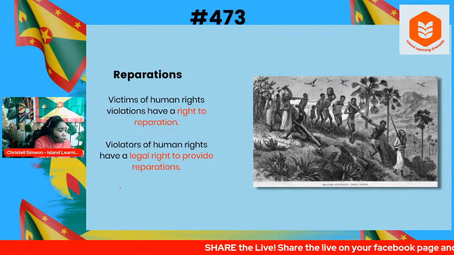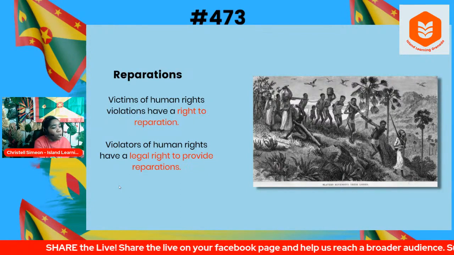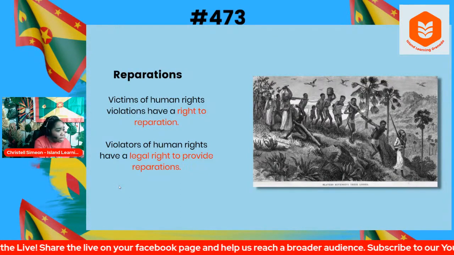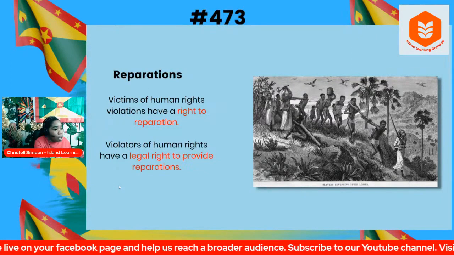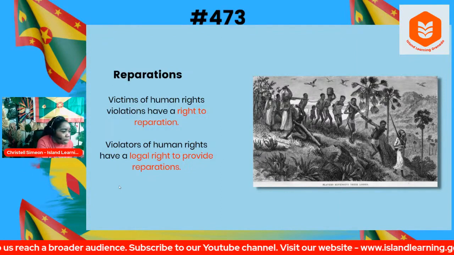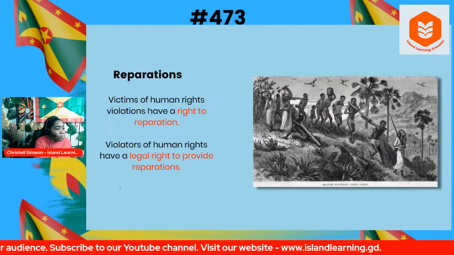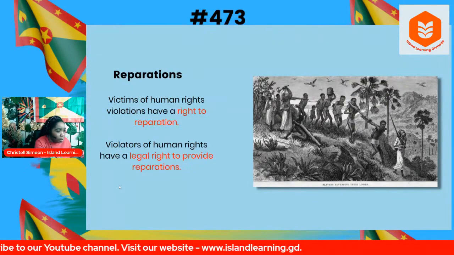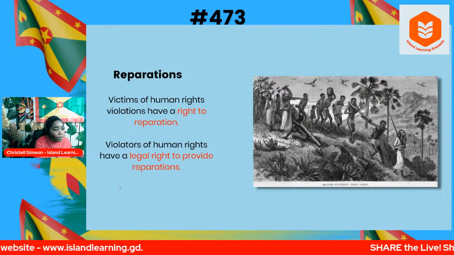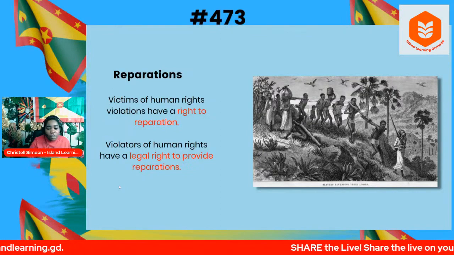But those who have done wrong certainly have a legal right to provide reparations, either to the victims themselves or to the descendants, if they can claim lineage. They can get something, right? They could get that, whatever the reparations are. Right, so that's a bit of context there.